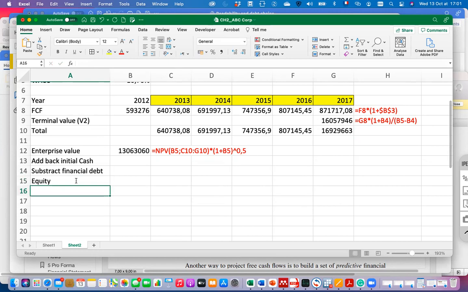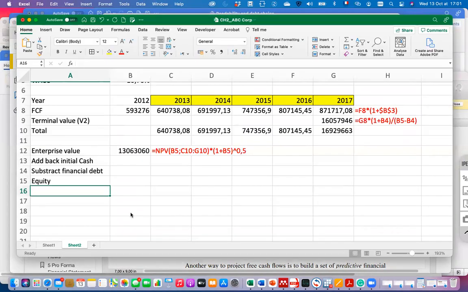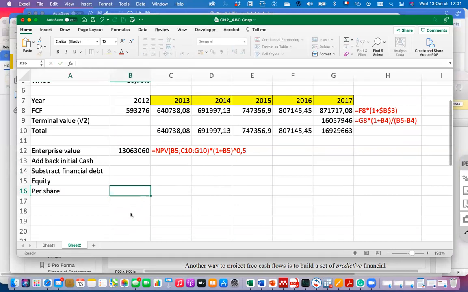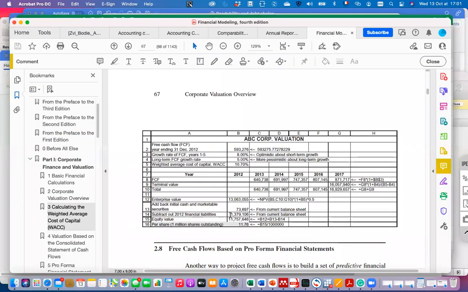And finally, we can find the value per share. So the cash, sorry, is equal to 697.